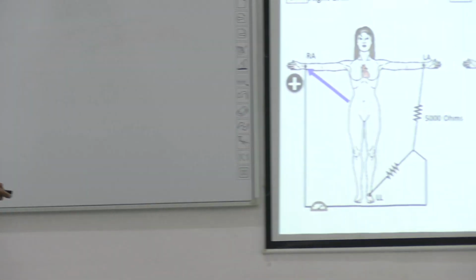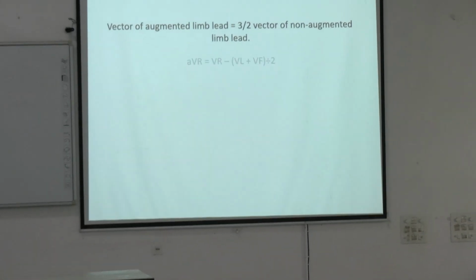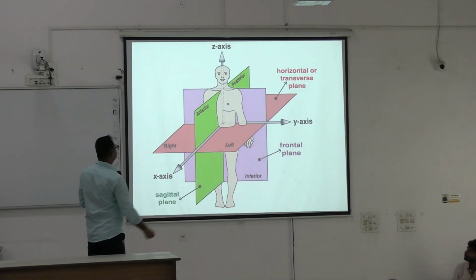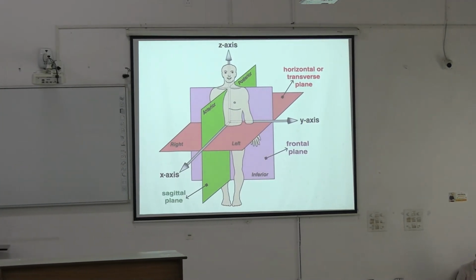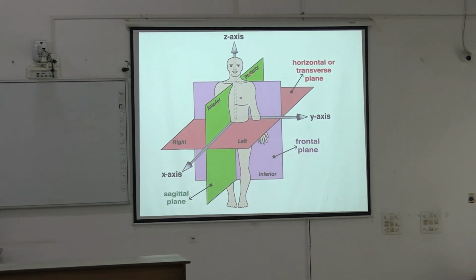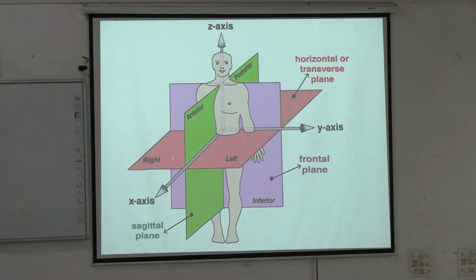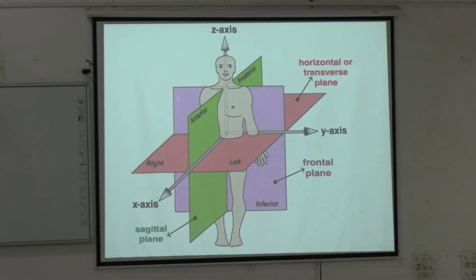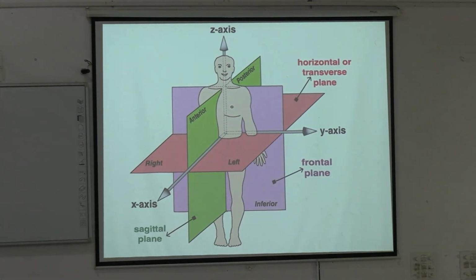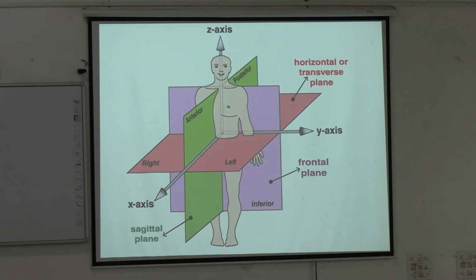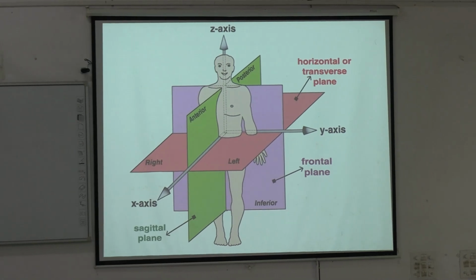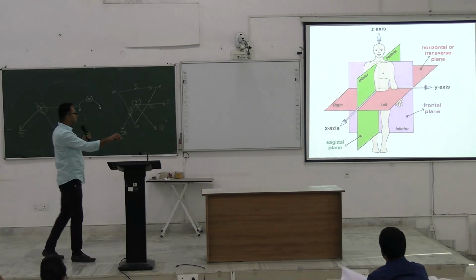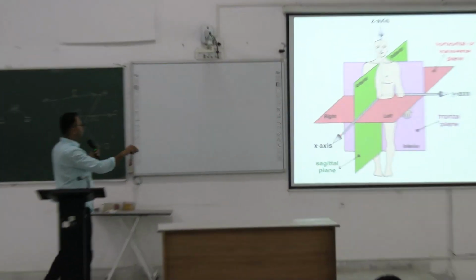Let me show you the picture. See this? Okay. So this plane, in this plane, lead 1, 2, 3, AVF, AVL, AVR are located. All lead 1, 2, 3, AVF, AVL, AVR are located in this plane, right? The coronal plane.